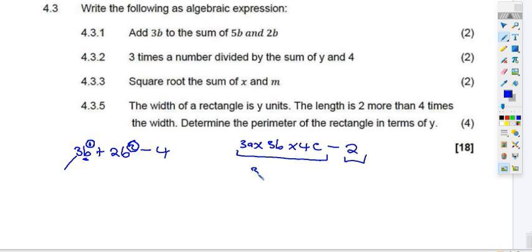But if it was 3b2 plus 2b2, these are like terms, so we could add these ones to get 5b2. And when we have added this, please take note, this 2 does not change, it remains 5b raised to 2. All right, let's go to the questions now.